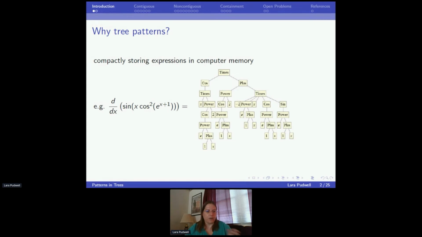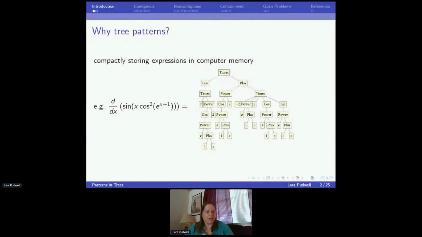If I cared about how to store this tree more efficiently in computer memory, and I saw something with a lot of symbols that showed up repeatedly, I might just use one symbol for that expression, and then I have a lot less to write the many, many times it shows up. So that's one motivation for looking for smaller trees that are inside of larger trees.